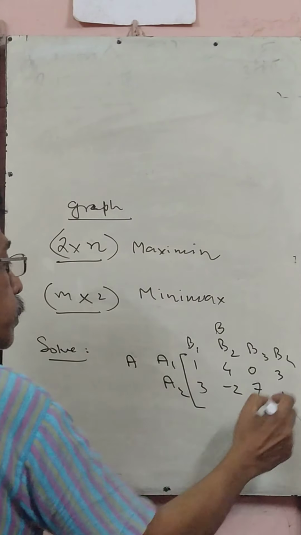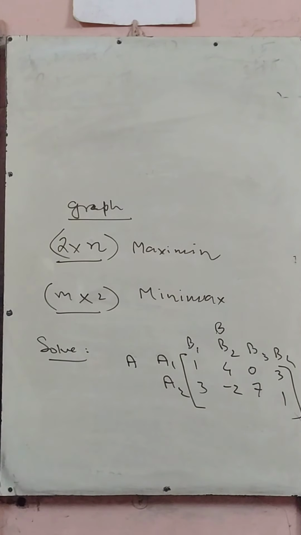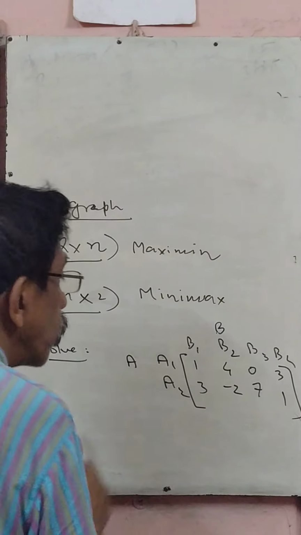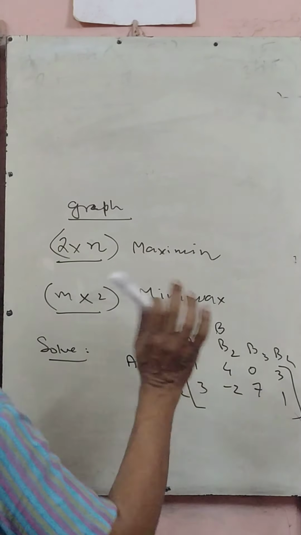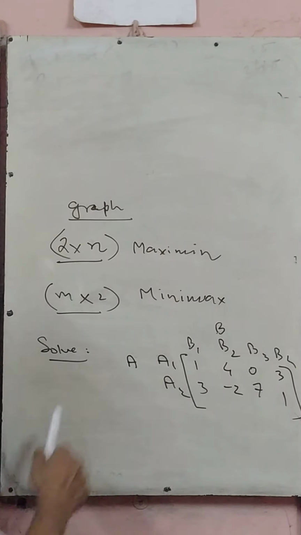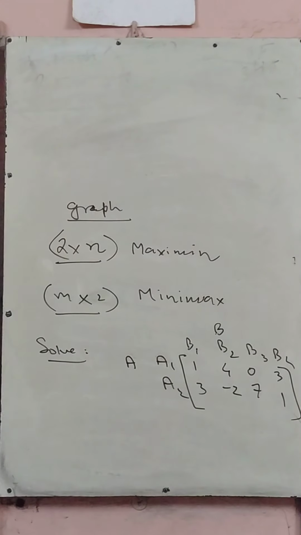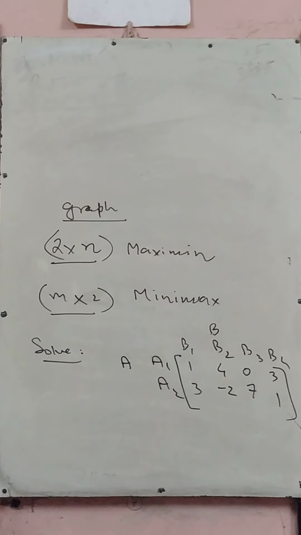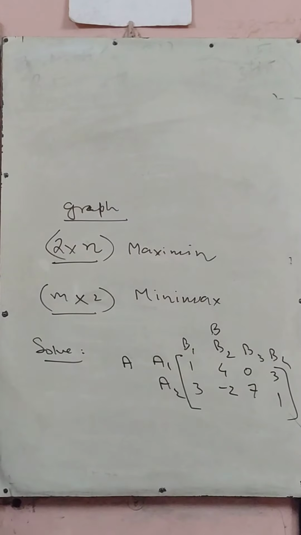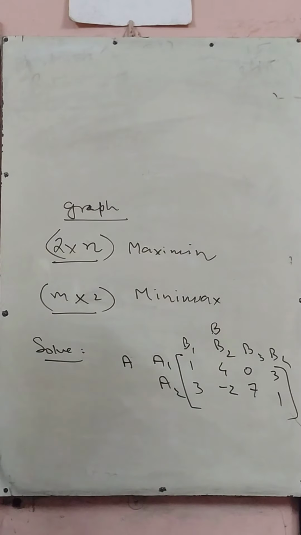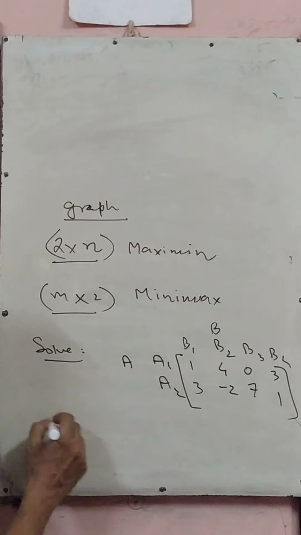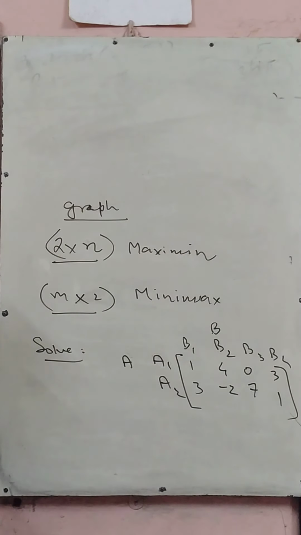This is the problem. Please look at the matrix and solve the game. A is the maximizing player, B is the minimizing player as before, and we want to solve this game. When you find this game is given, it normally cannot be a pure game, because this type of problem is so simple we don't expect it to be a pure game. Let us check whether it is a pure game or not.